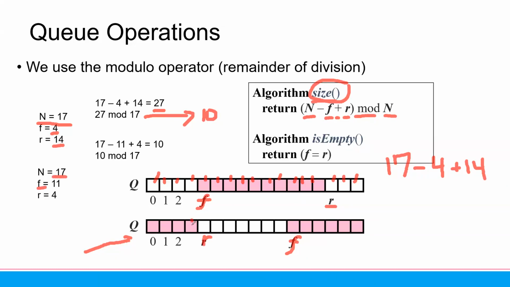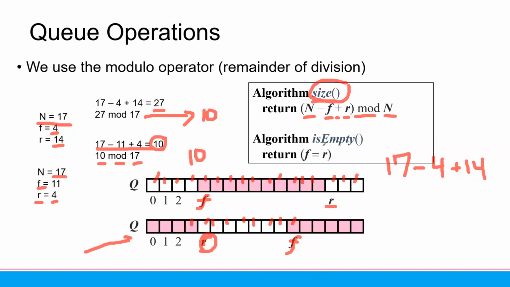You can check index 3, 4, 5, 6, 7, 8, 9, 10, 11. And then the index r is 4. So with the same formula, you just put in the numbers: 17 minus 11 plus 4. It is 10, and then 10 mod 17, so we have 10 elements. This is the way to calculate the size.